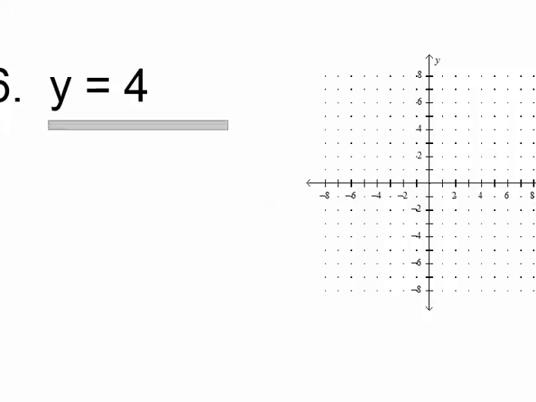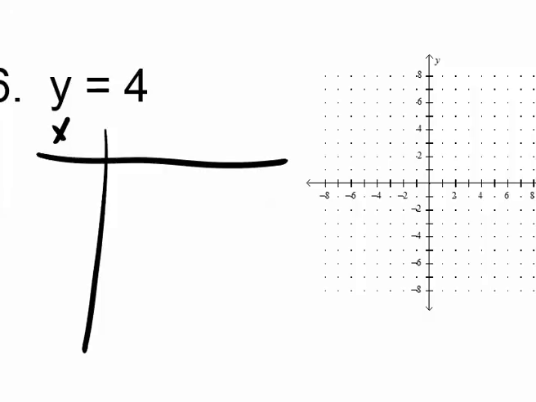This is an interesting one: y is equal to 4. So, how do we graph that?